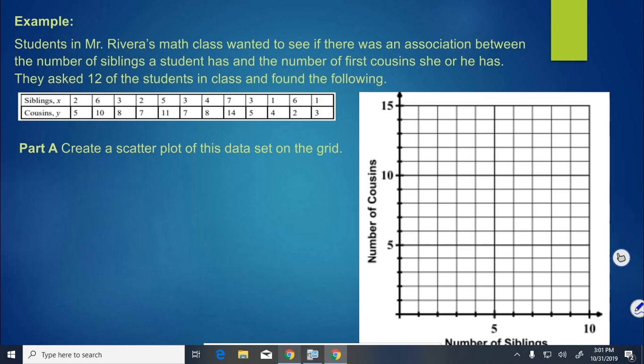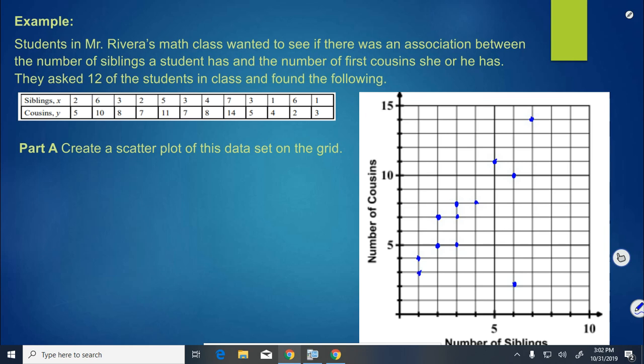So we plot 2, 5, which is right 2 and up 5. 6, 10, which is right 6 and up 10. 3, 8, which is right 3 and up 8. 2, 7, which is right 2 and up 7. 5, 11, which is right 5 and up 11. 3, 7, right 3, up 7. 4, 8, right 4, up 8. 7, 14, right 7, up 14. 3, 5, which is right 3 and up 5. 1, 4, right 1, up 4. 6, 2, right 6, up 2. And 1, 3, right 1, up 3.